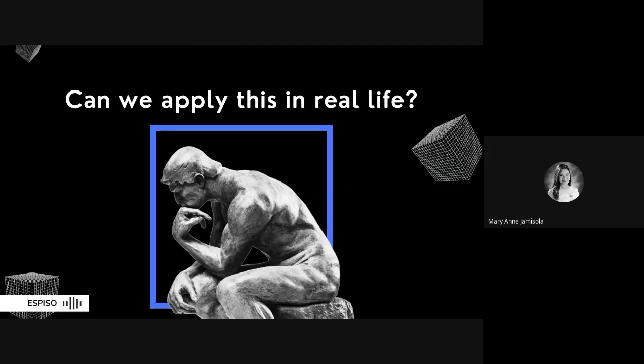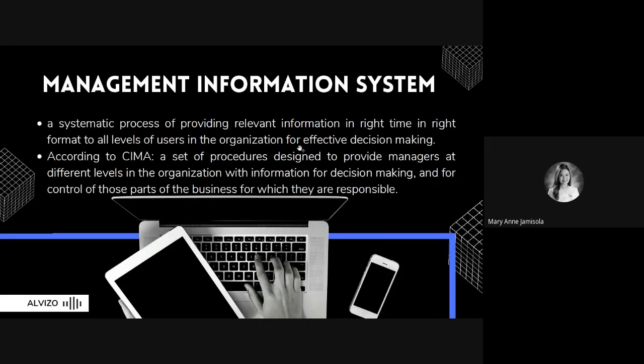What are the steps that you're going to follow in order for you to achieve your goal, and then do it, and then check whether all the steps are effective or not, and then act on the results. You can also apply this PDCA concept in another aspect of your life, not just academic life.